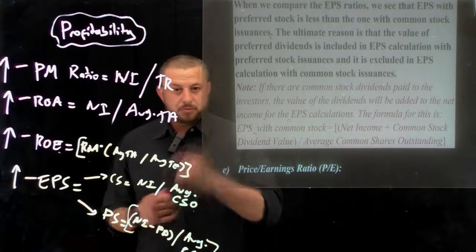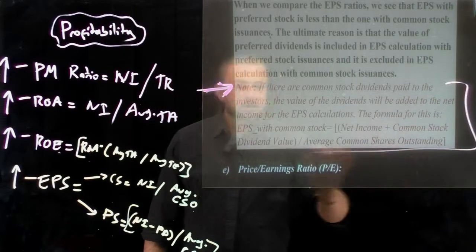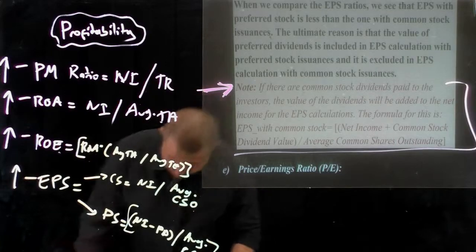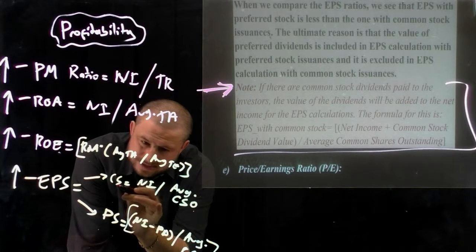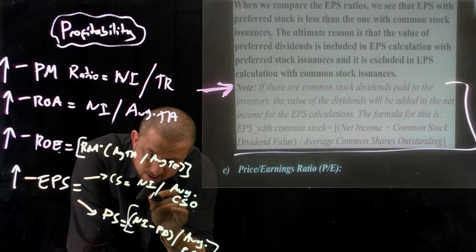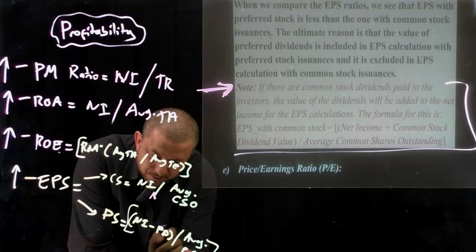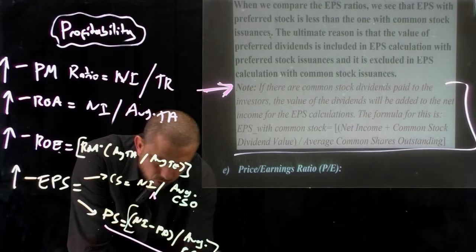Guys, this is very important. Please take a look at this. I'm going to use my pink marker. We mentioned that EPS with common stock is NI over average CSO, common shares outstanding. They don't have the PD over here, preferred dividends, because preferred dividends have to be in this equation no matter what.